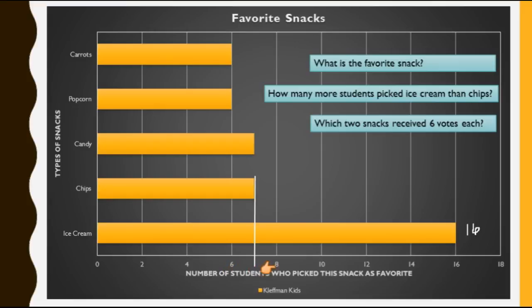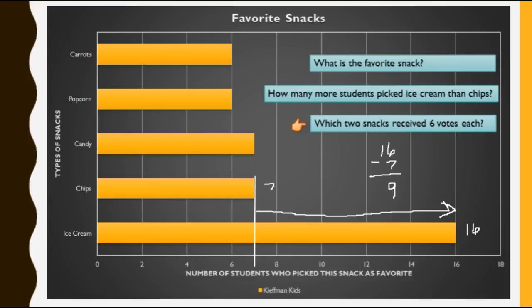This is a 6 and an 8, so this is going to be 7. So we want to know how many more people chose ice cream. So we're looking at this part right here. So we're going to subtract those. 16 minus 7. So 9 more people picked ice cream than chips.